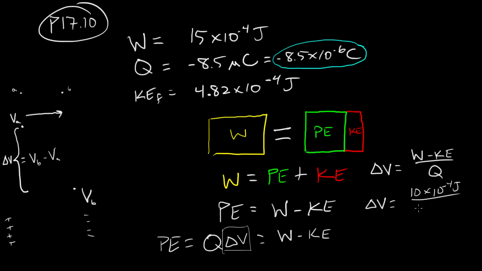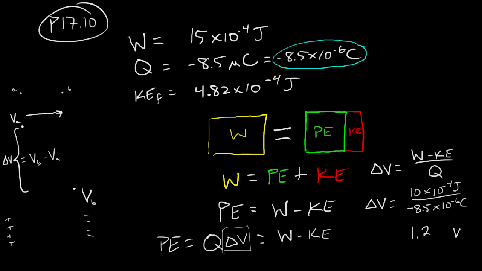And we divide by the charge, which is minus 8.5 times 10 to the minus 6 coulombs. A joule per coulomb is a volt. This is a little bit bigger than 1. It's more than 10%, a little bit less than 20% more than 1. So I'm just going to say 1.2. And now I need to take care of this.